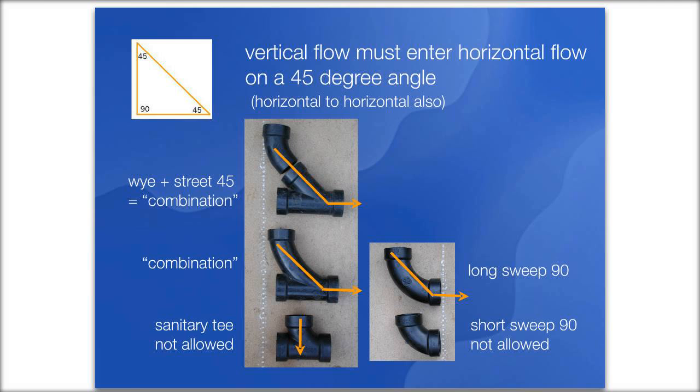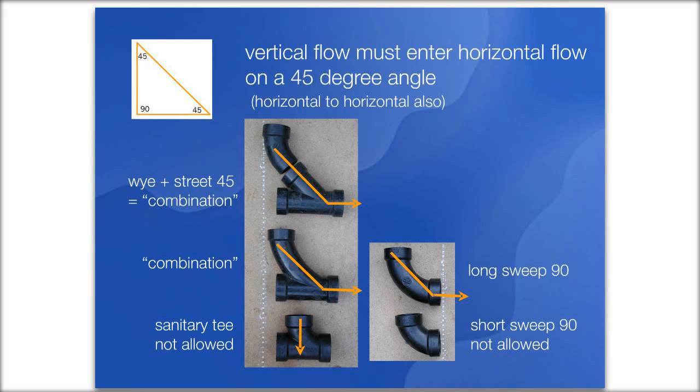And then when you're talking about water that is falling from a vertical pipe and then joining a horizontal pipe, in plumbing where there are solids being conveyed, you can imagine that would be a spot where the solids could accumulate. And so the plumbing code requires that fittings that are receiving vertical flow and then directing it into horizontal flow must have that flow enter on a 45-degree angle to the horizontal.